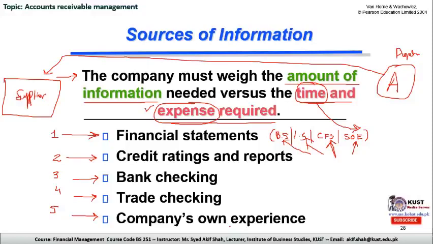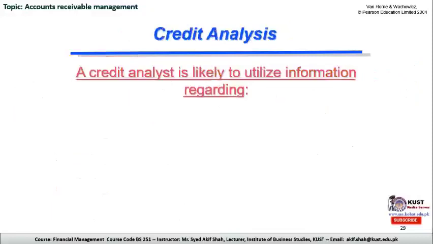And if the past experience of this credit applicant with us is quite good and fair, then we'll extend the credit sales to him and accept his credit application. So these are certain sources from where we can get the information about our credit customer.